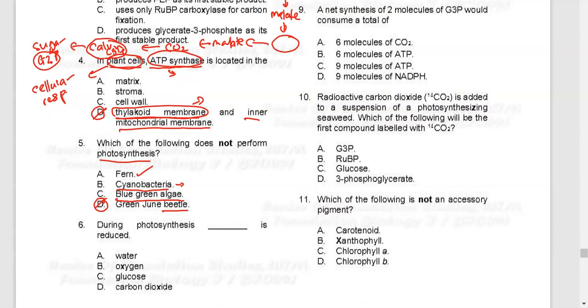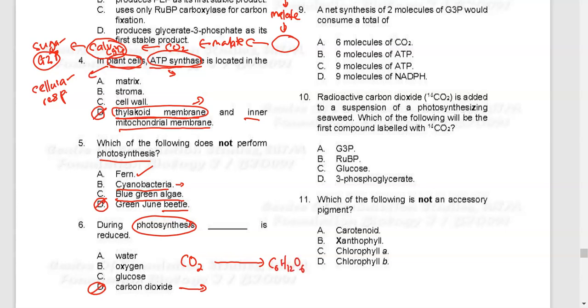Question 6. During photosynthesis, carbon dioxide is reduced. Carbon dioxide will be reduced during photosynthesis until it becomes sugar. As you can see, carbon dioxide is initially CO2, and during the process of photosynthesis, at the end, it will become glucose, C6H12O6.